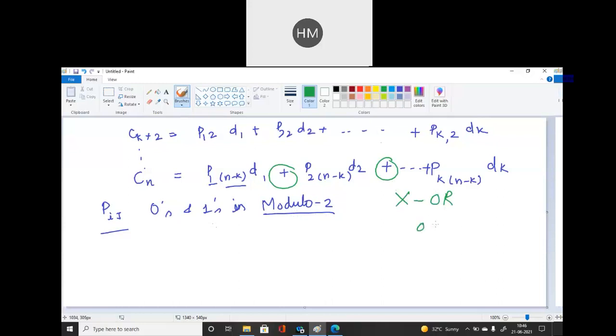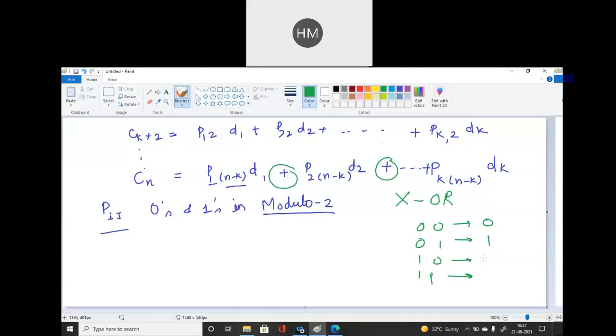Yes, students, please tell me the values of XORing. Who will tell? 0 0 XOR is? Yes, Aditi, very good, 0. 0 1 is 1.